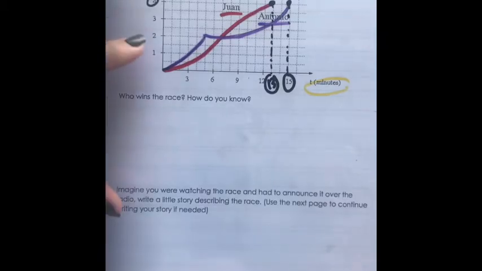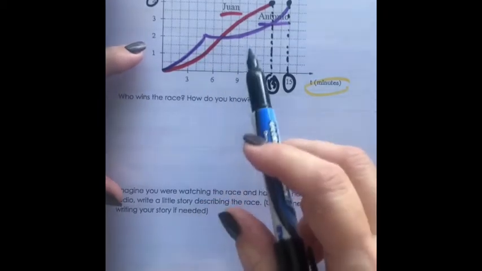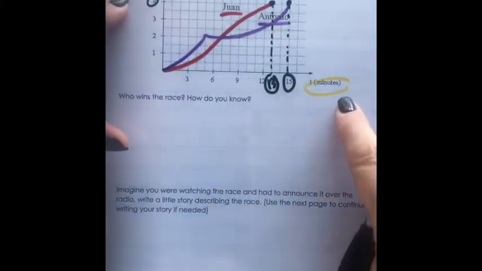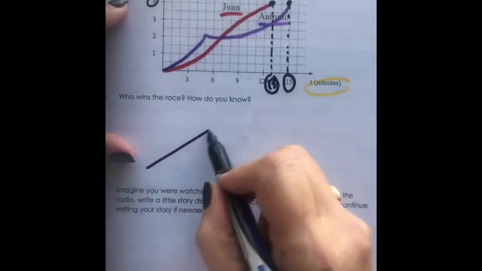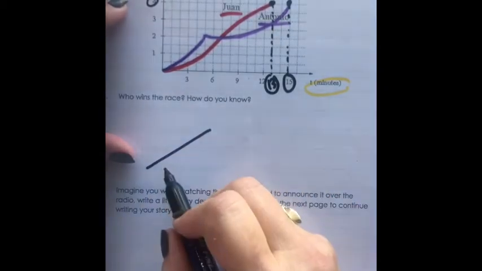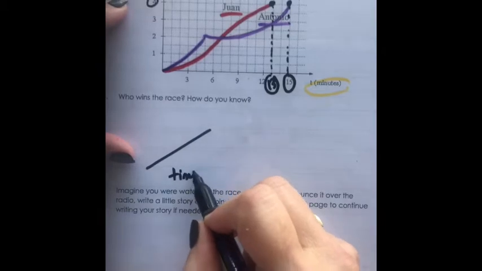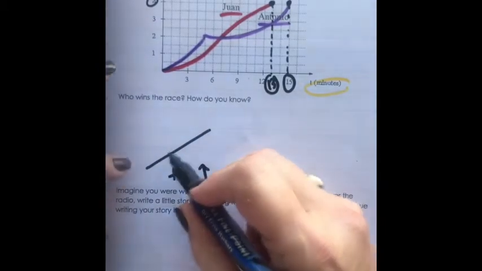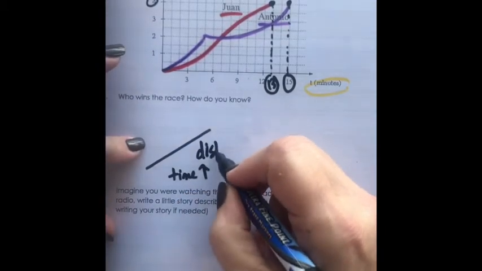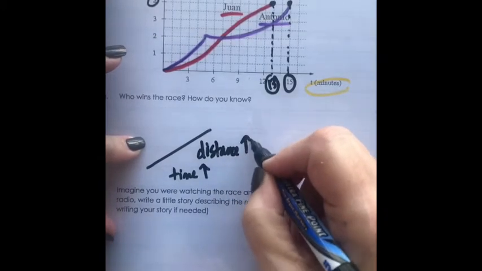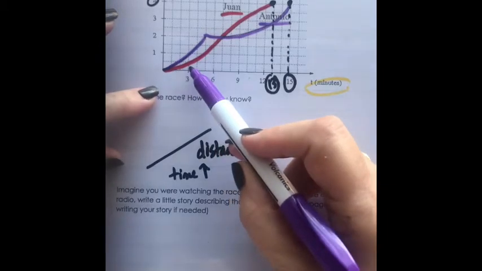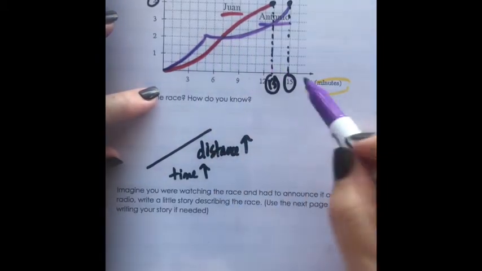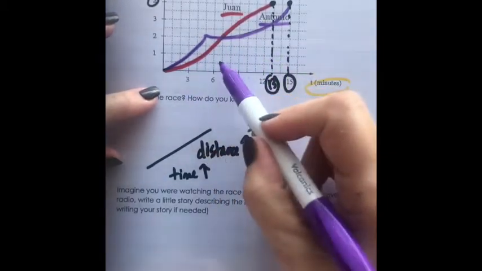Let's talk about what's going on so that we can understand a little bit more, because we're talking about distance and minutes. If things are going in this direction, time is passing. Time is going up, and as it's climbing, the distance is also going up, and sometimes it's gradually. So we can talk about how fast they're going based on this as well.